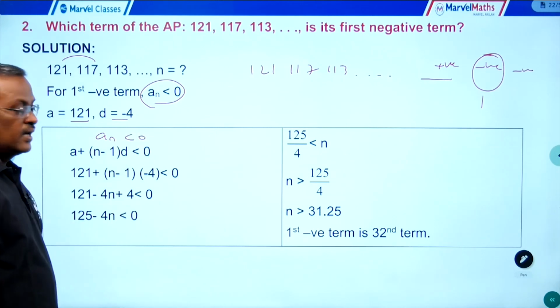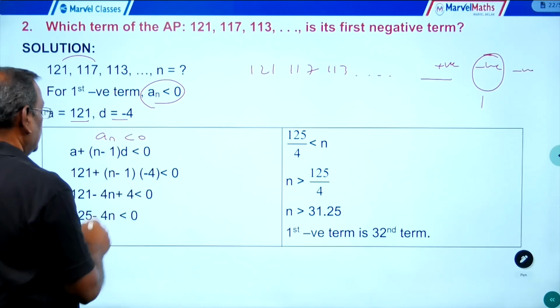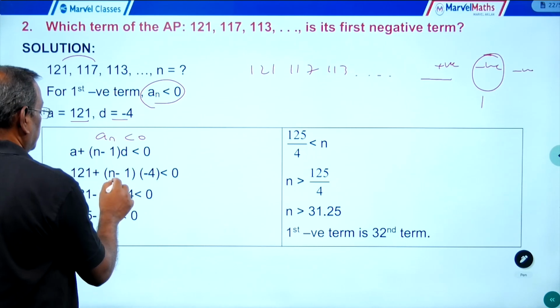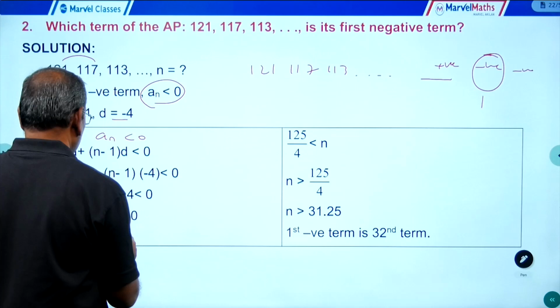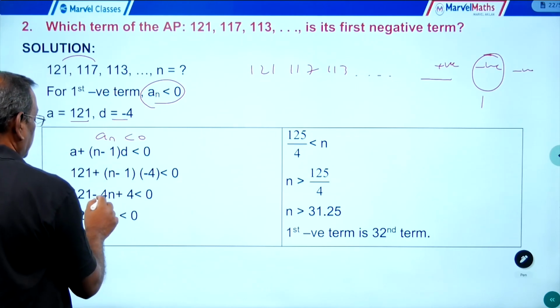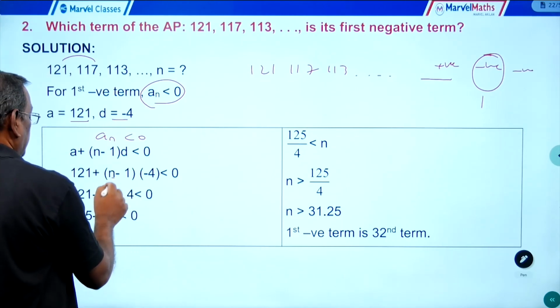What is the an formula? A plus n minus 1 D less than 0, so 121 plus n minus 1 into minus 4 less than 0, which implies 121 plus 4 minus 4n less than 0.